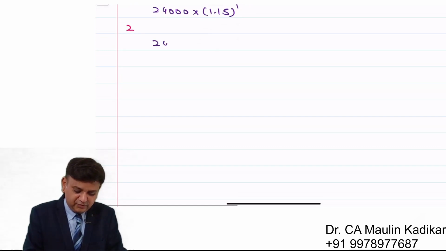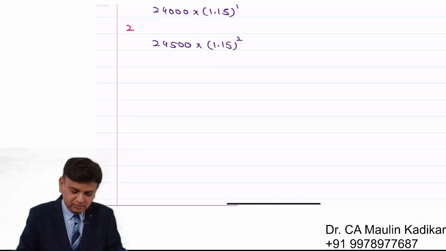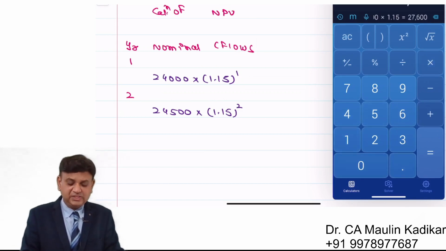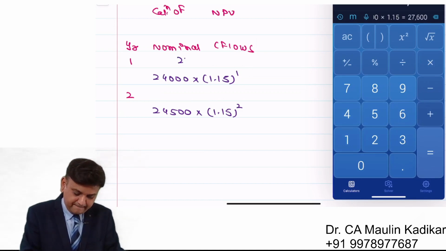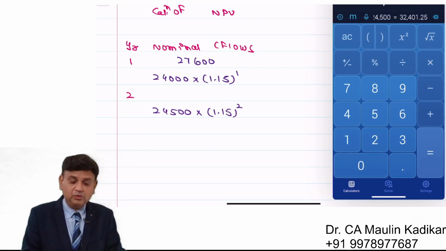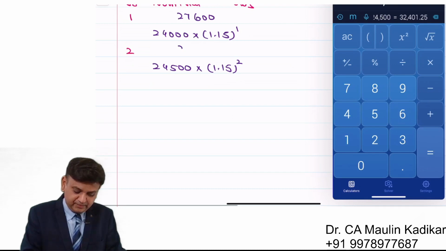Second year it is 24,500 into 1.15 raised to 2. So 27,600, and 32,401.25.